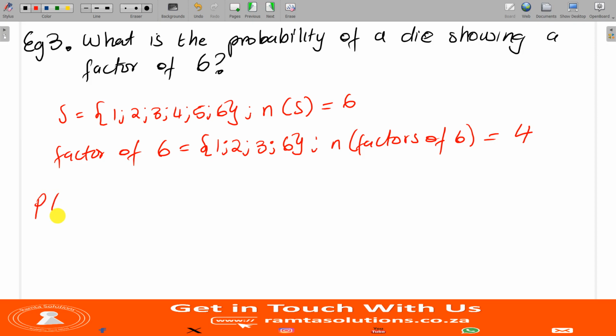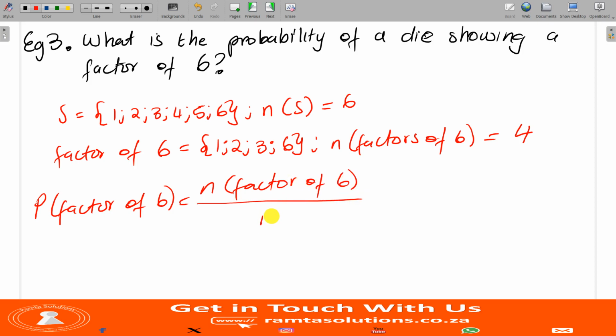Now, what is the probability of a factor of 6? It is the number of outcomes of a factor of 6 over the sample space. We said the total number of outcomes that are a factor of 6 is 4. The total outcomes for rolling a die is 6.